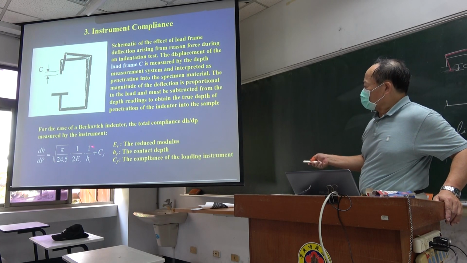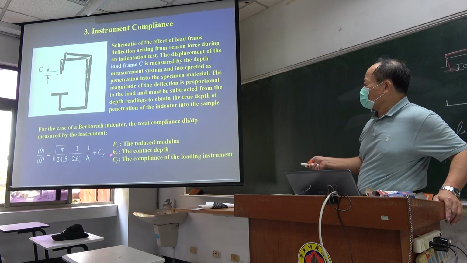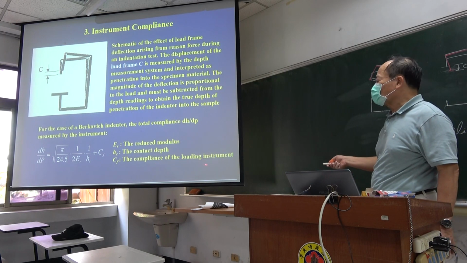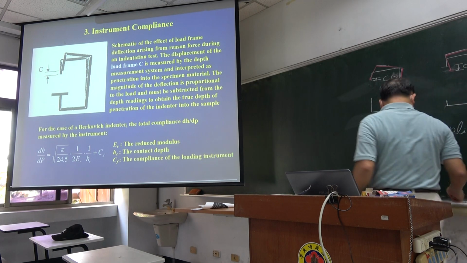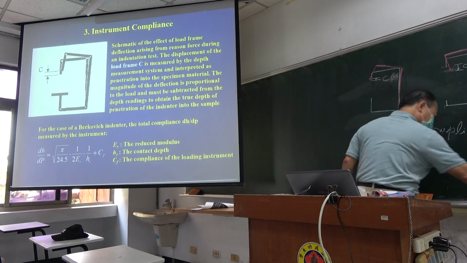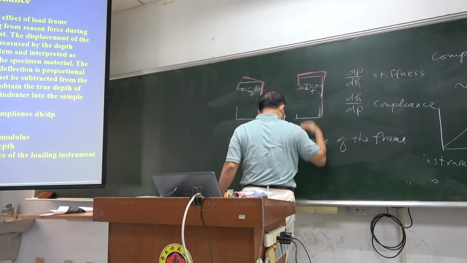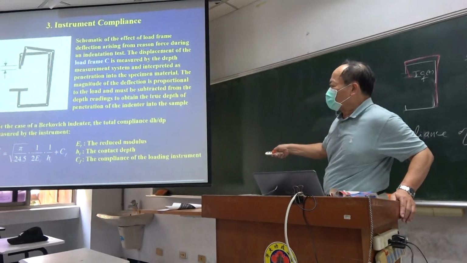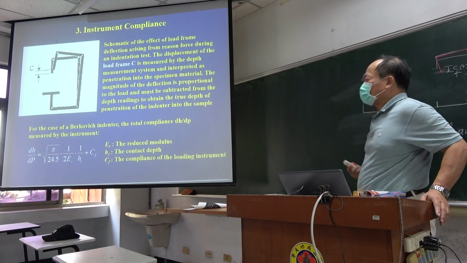The first term looks like this one. The second is the C_F. C_F is just the compliance of your instrument. Okay, so dH/dP is a total compliance from your experiment data.